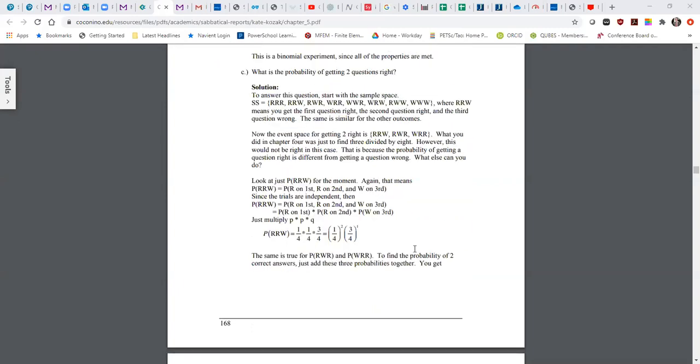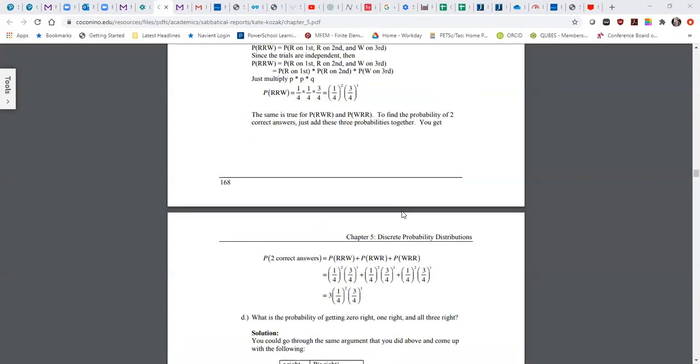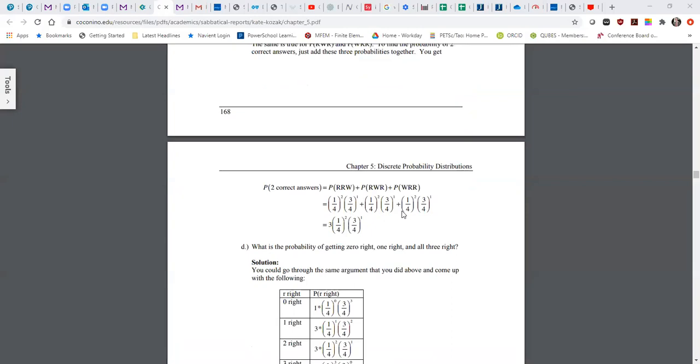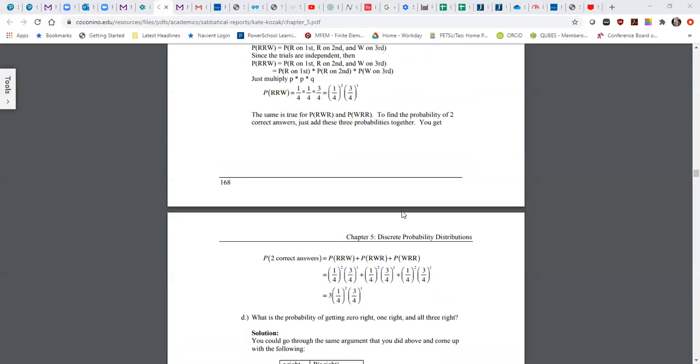So to answer this one, you need to put what is the probability of getting the correct answer twice, right? So 1/4 times 1/4 times 3/4, right? Okay. So this will be the probability to get the right answer for 2 from the 3 questions.